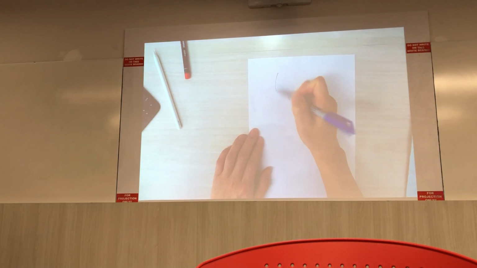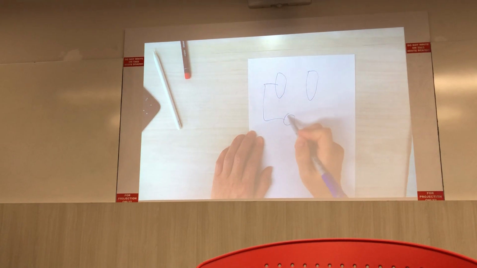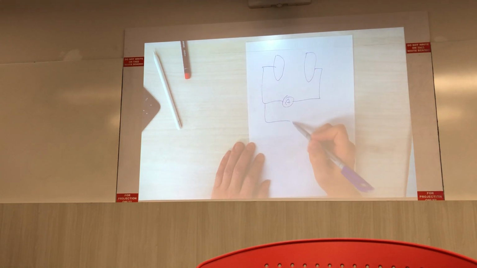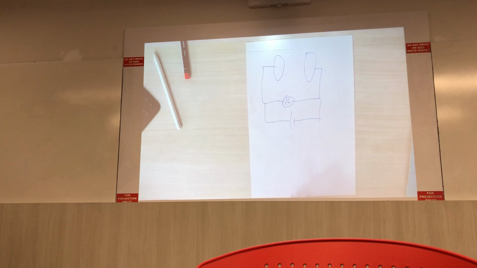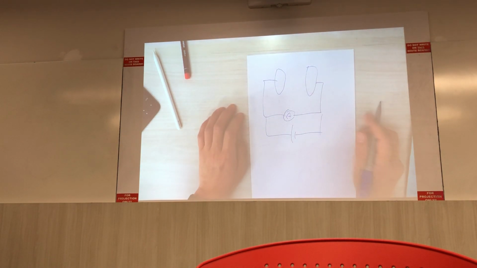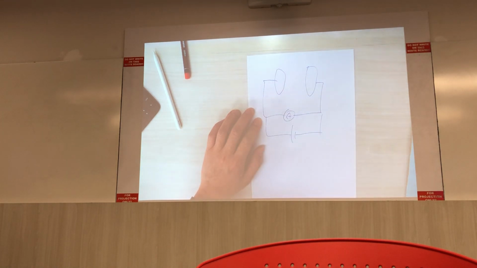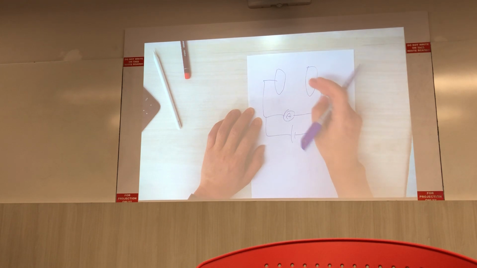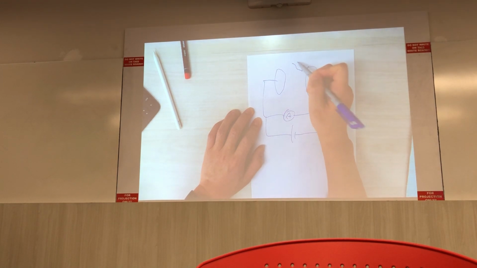Let's assume that we have two metal plates, and we put in the ammeter, and we also put in some potential, and photons are incident on this metal plate. So let's say there is an incident photon.